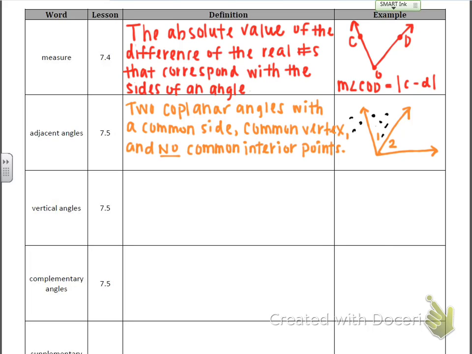Exterior points are outside the angle. So when it says they don't share any interior points, that means they don't overlap. So the angles cannot overlap. Good question. Other questions?